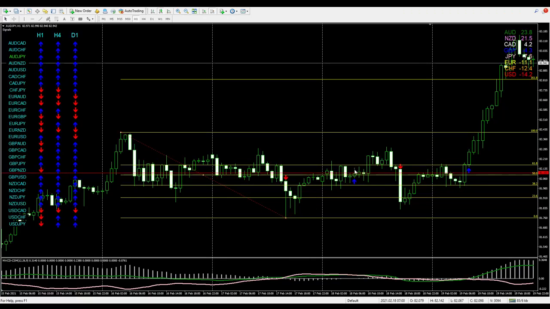I only take trades below 50 Fibonacci, so it means that I can make more profit. Because if the price is too high, usually the price respects the resistance. That's why I only have my take profit at 100 Fibonacci, because the price has a possibility to bounce back if it hits the resistance.